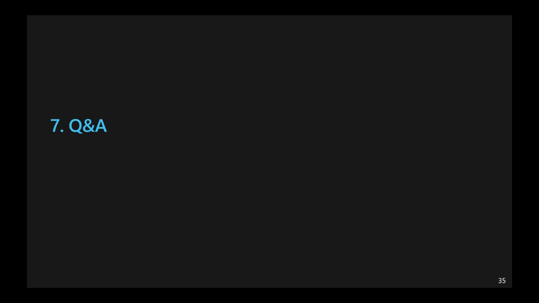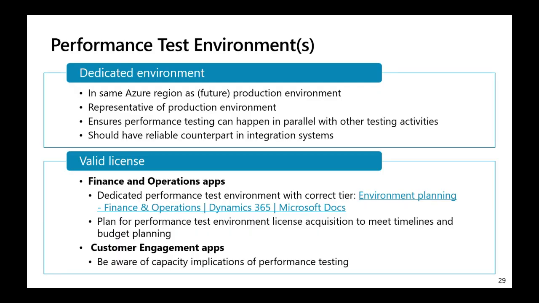The second main area of questions was around environments. And I believe it was mentioned by Davey also during the presentation that environment planning is really the key. And as I mentioned in the answer, while you can start doing smaller performance tests on smaller sized environments, it really depends on the final expected throughput.